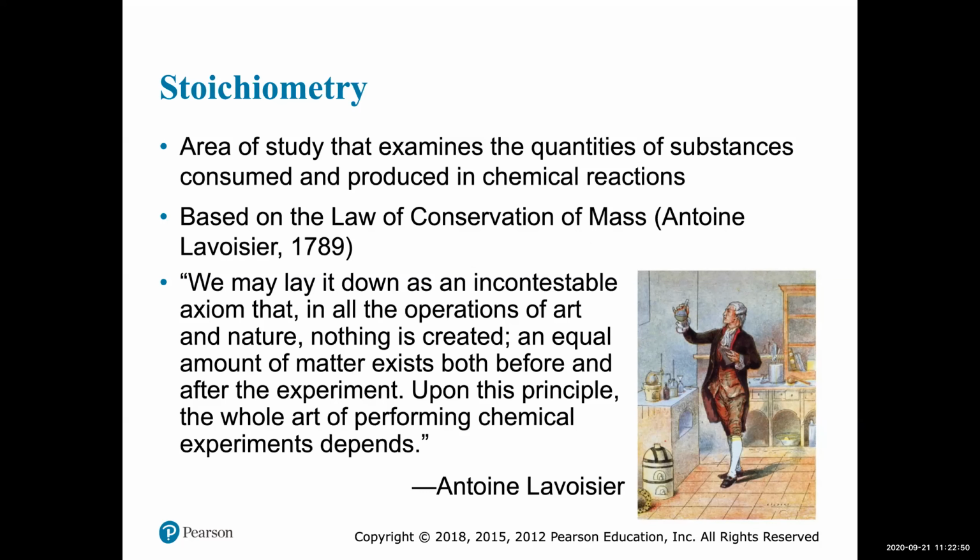Remember what we said: in a chemical reaction, the number and types of atoms we have in the reactants have to carry over into the products. Now they can rearrange so that you have different compounds, but we're not creating more atoms and we're not destroying atoms. And so what we do in this is we try and explain what those reactions look like.